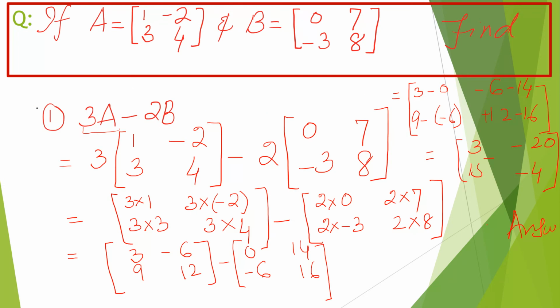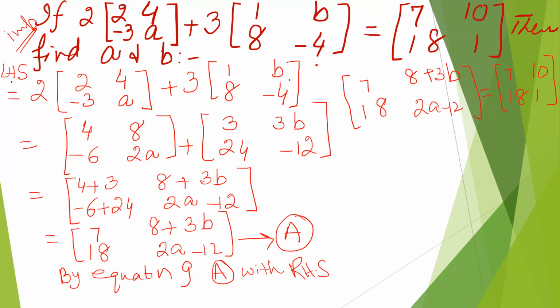We are calculating the value of a and b. So first, 8 plus 3b. This is the second entry of the first row. So we will equate this and this. This is equal to 10.